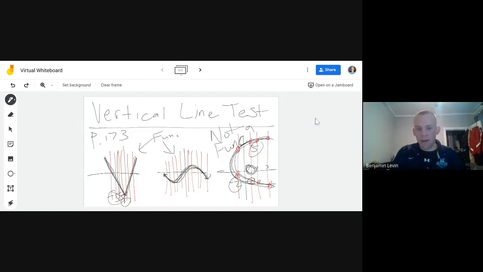If they cross at more than one, sometimes you could have them cross 3 or 4 times. Usually you don't. But if it crosses more than one time when you draw a vertical line through the function, at any point, if a line can touch 2 different places on the graph, you do not have a function. It fails the vertical line test, right?